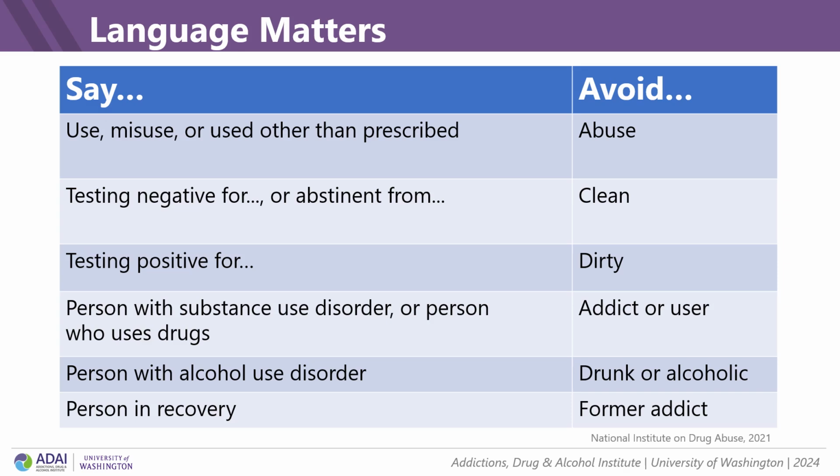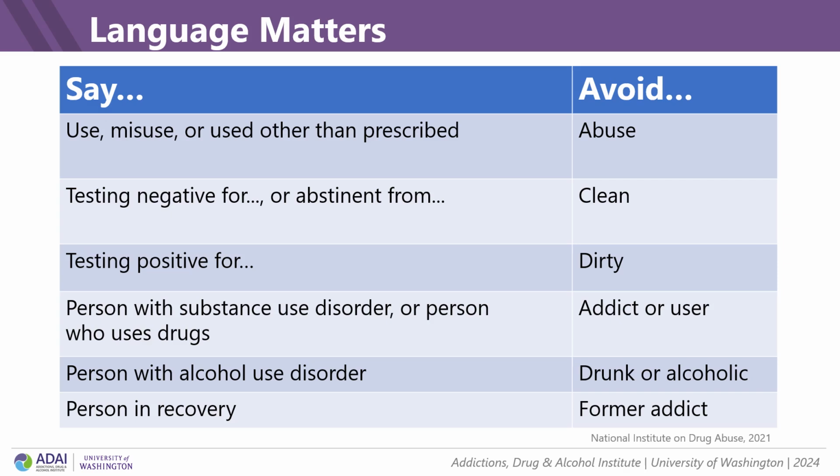Instead of describing someone or a lab result as clean or dirty, we talk about lab results as testing negative for or positive for. And then if we're talking about a person who is in recovery, we can say they are abstinent from X, Y, and Z substance. We want to avoid describing individuals as addicts or users, and again, use person-first language.